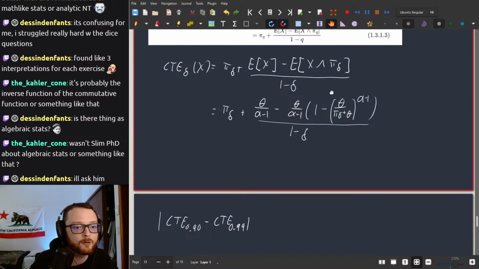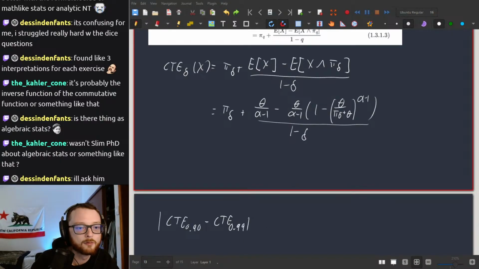So we already know theta, we know alpha, and now we know delta: we want 0.9 and 0.99. The thing is, what is pi sub 0.9? That's the thing that I don't know, I guess.